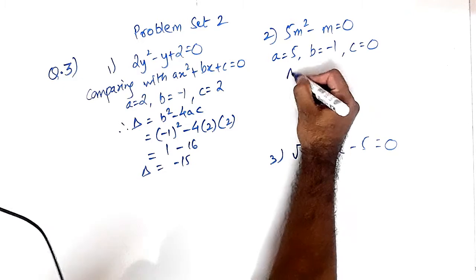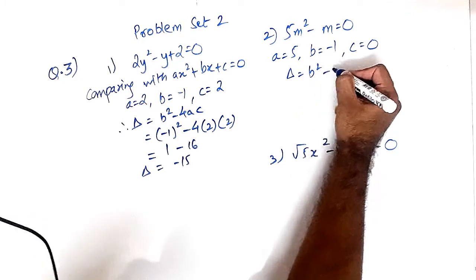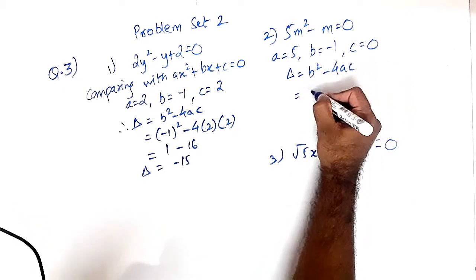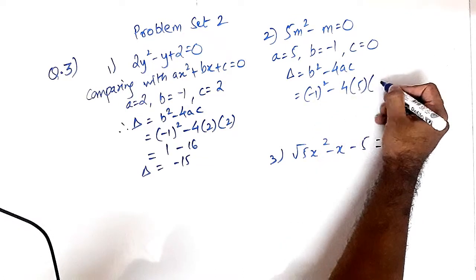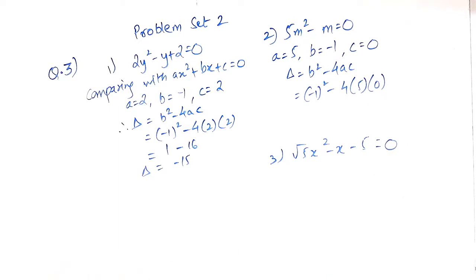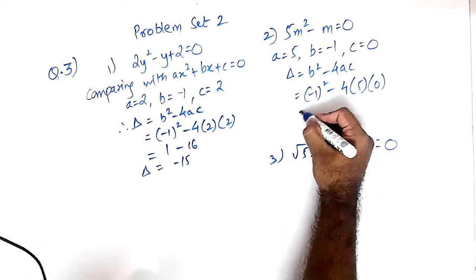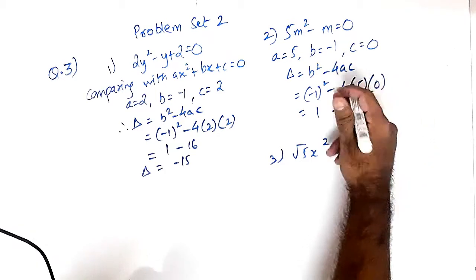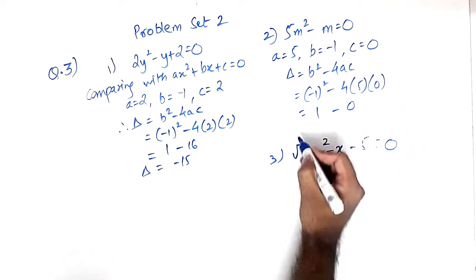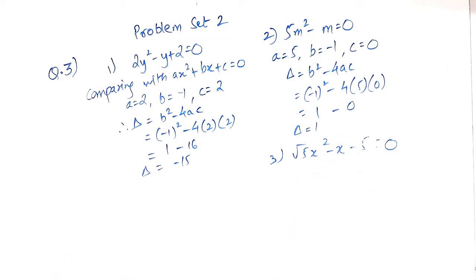Then the value of discriminant is b square minus 4ac, minus 1 square minus 4 into 5 into c is 0. So this is 1 minus 4 5s are 20 into 0. Anything multiplied by 0 is 0. So here value of discriminant, 1 minus 0, is 1.